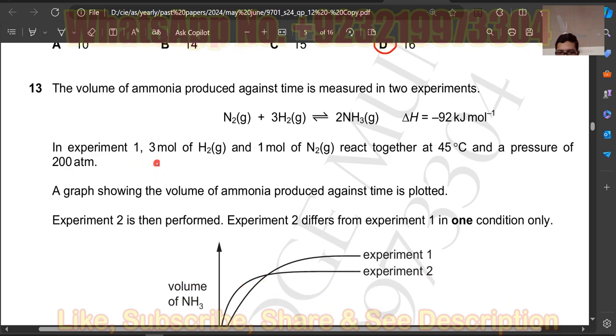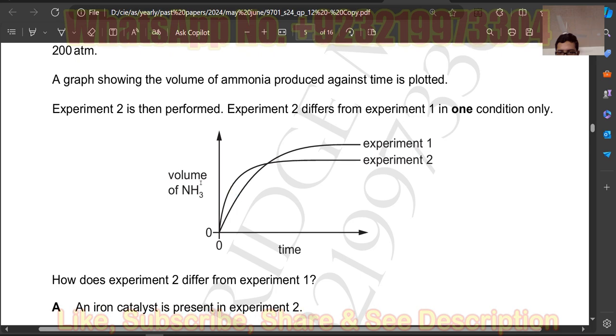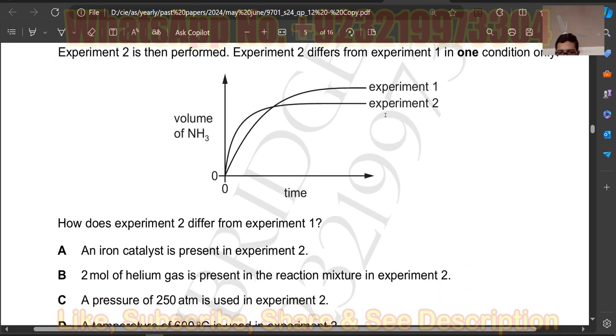In experiment number one, there were 3 moles of hydrogen gas, 1 mole of nitrogen gas at 45 degrees and this pressure. Then the graph was plotted for the ammonia formation, and after that, the second experiment was performed, but it varied according to one condition only. And we are given the graph of experiment number two. We are then asked, how does experiment 2 differ from experiment number 1?